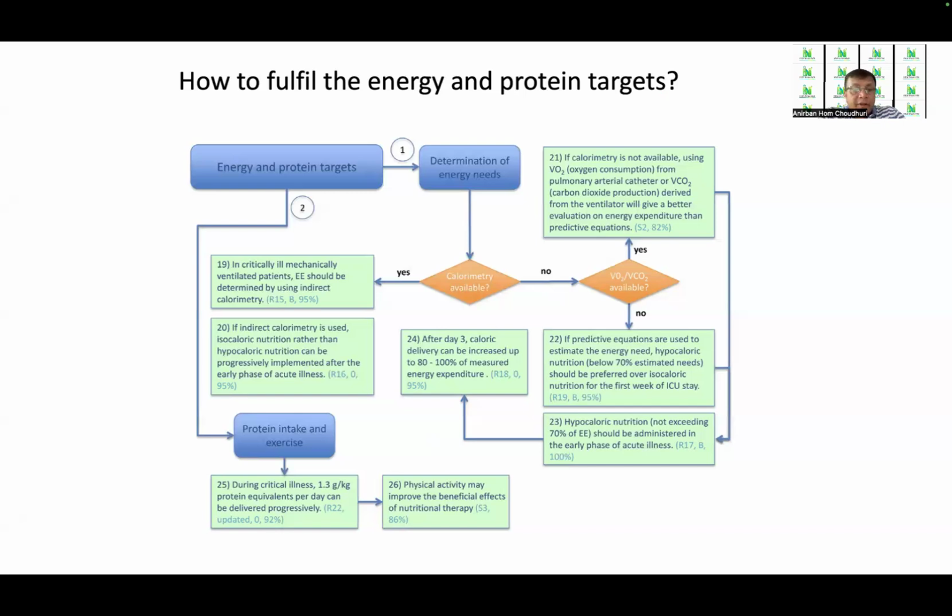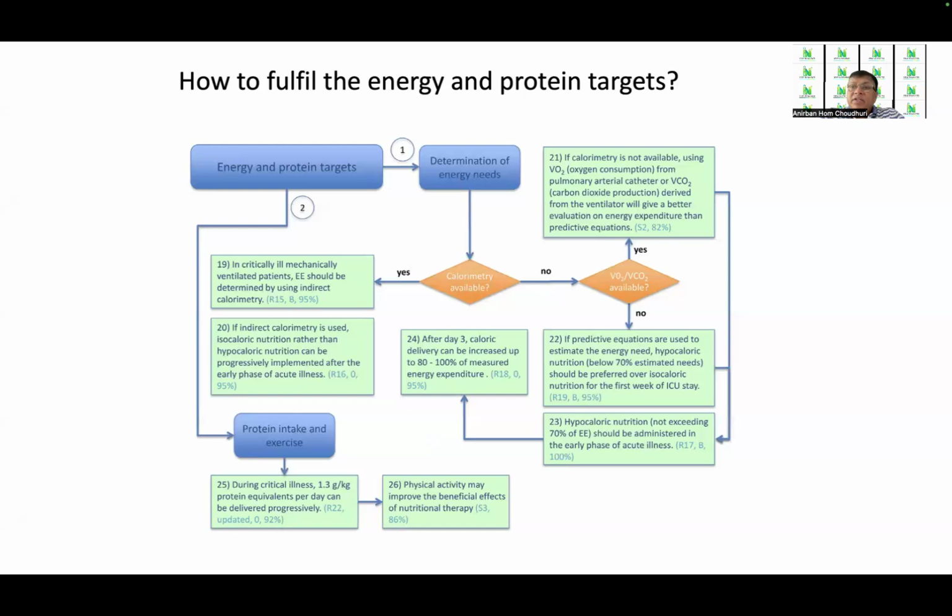has come to the fore. Now, after 3 days, caloric delivery can be increased up to 80 to 100% of the measured energy expenditure in case the patient has been started on hypocaloric nutrition. Also, it is known that in the early phase of acute illness, the body has a good amount of energy stores which are activated irrespective of whether the patient is put on enteral or parenteral nutrition or no nutrition at all.